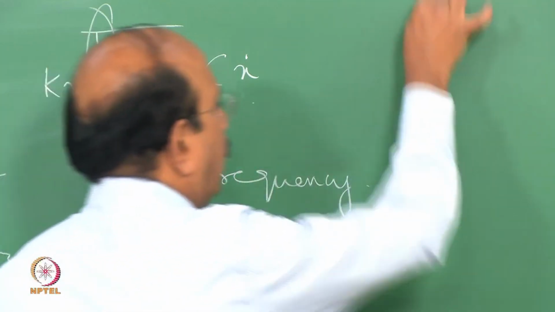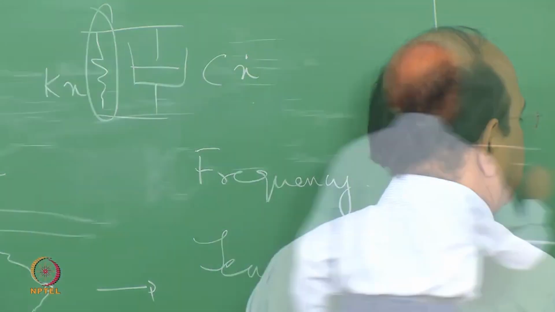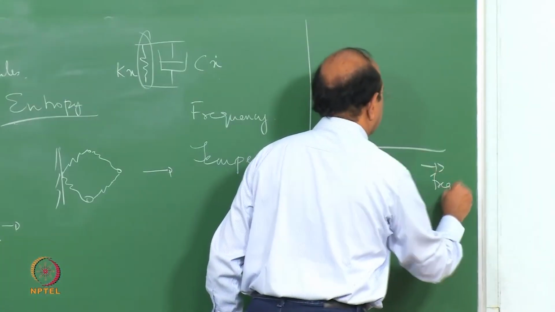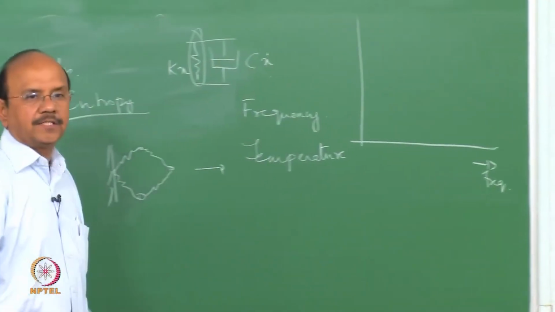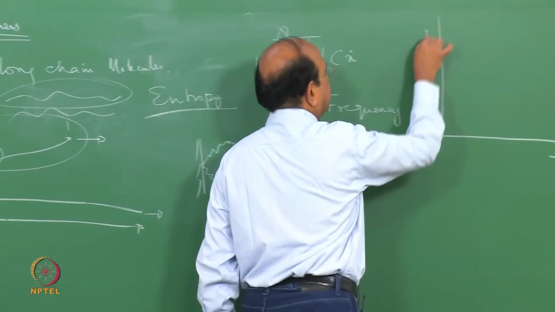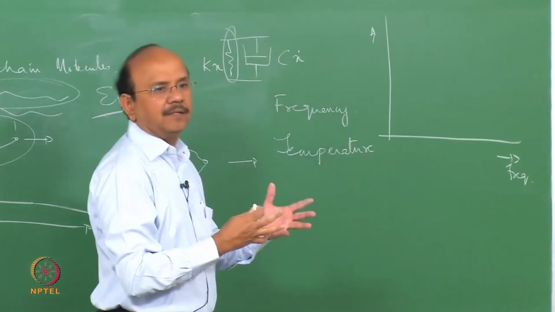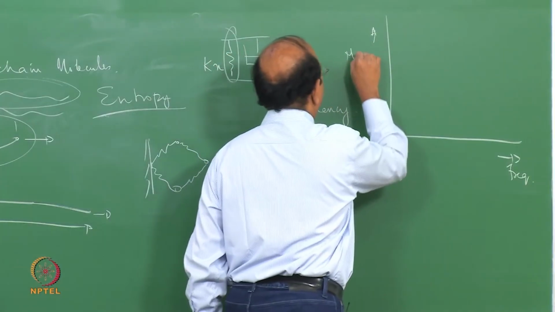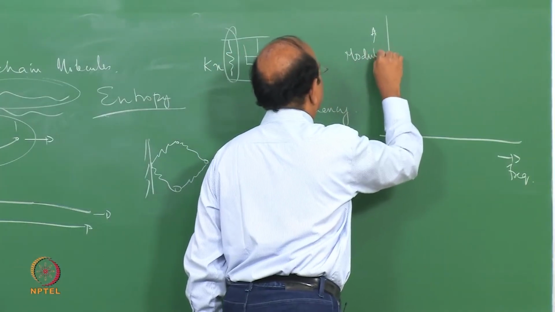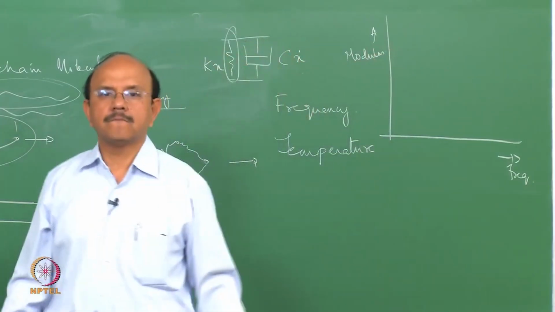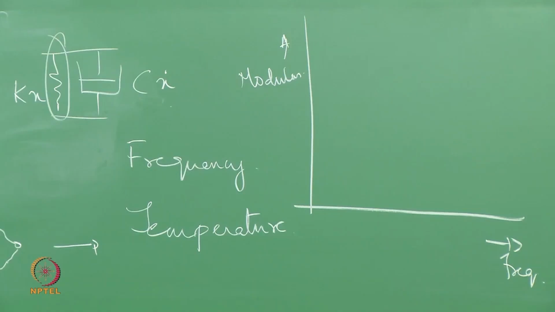So if I now plot this frequency versus what we call stiffness, in other words, modulus, how would it be?